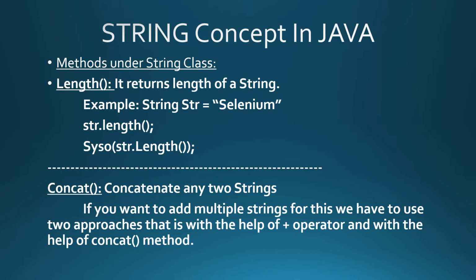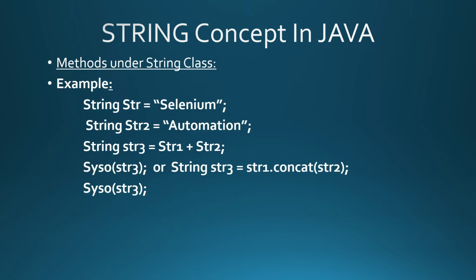The first approach is with the help of the plus operator, and the second approach is with the help of the concatenation method. Here I showed you the two approaches, how we can concatenate two strings.